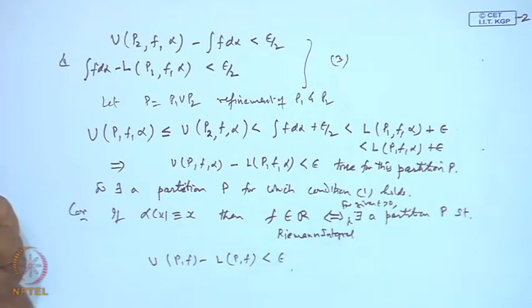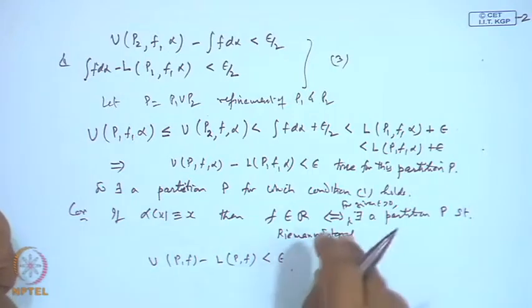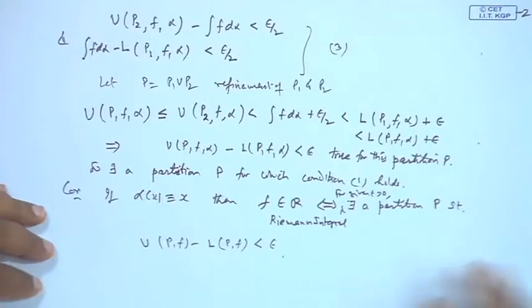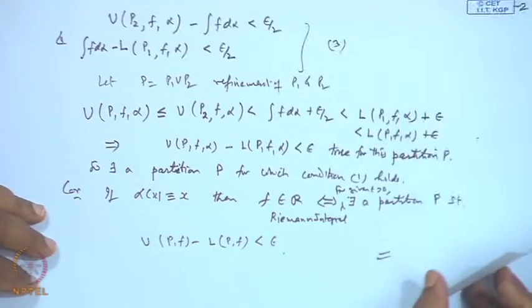This is the if and only if part for the existence result for Riemann integrable functions. So, this proof is okay.